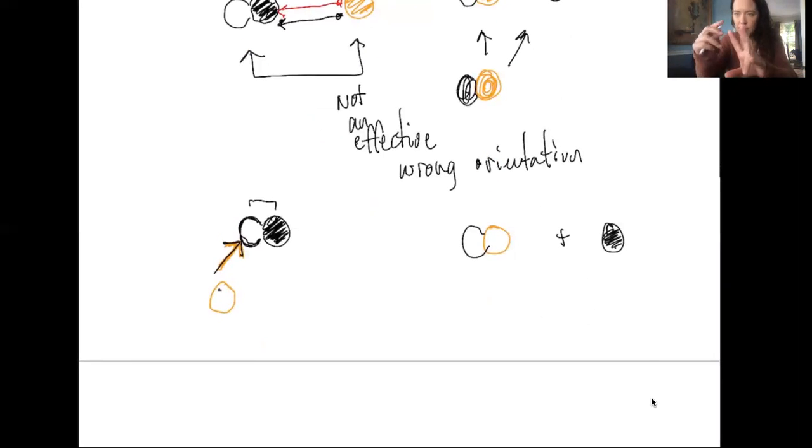You've got to have effective collisions, and those effective collisions are effective if they collide with the proper enough energy and with the proper orientation.